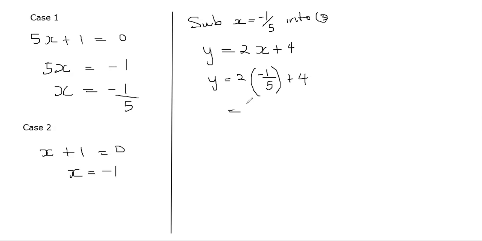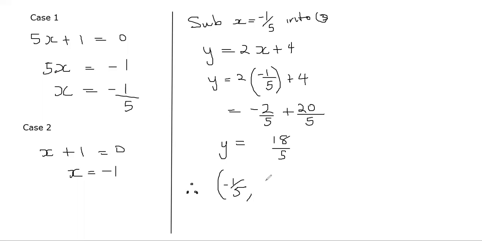This is going to be -2/5 plus 4. I could write 4 as a fraction of 5, so I could write this as 20 over 5. So y is going to be equal to 18 over 5. My first coordinate is going to be -1/5 on the x, and on the y is 18 over 5. You can change it into a mixed number if you like, it's not necessary.